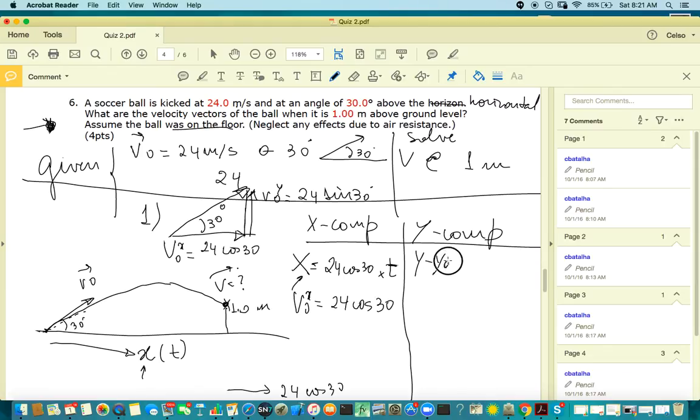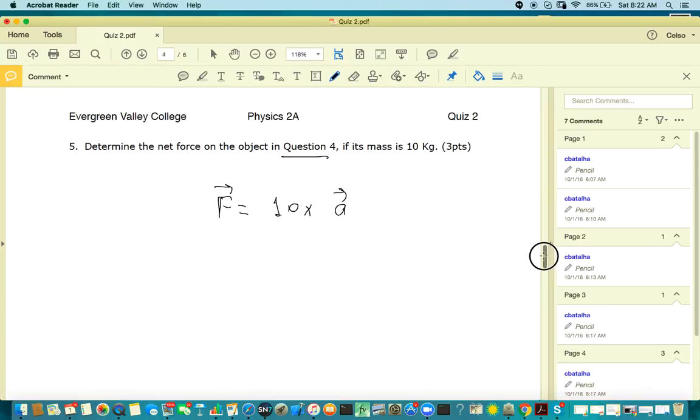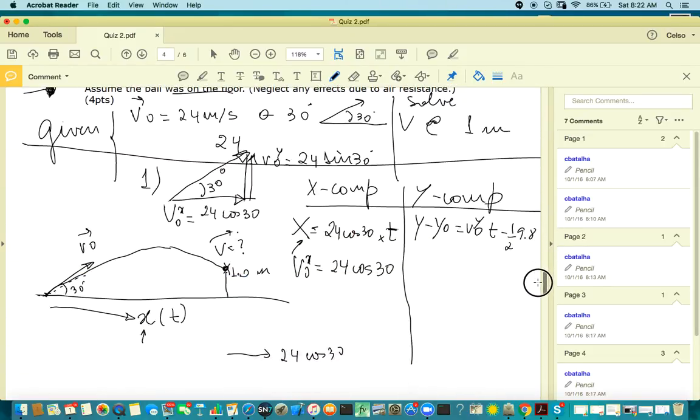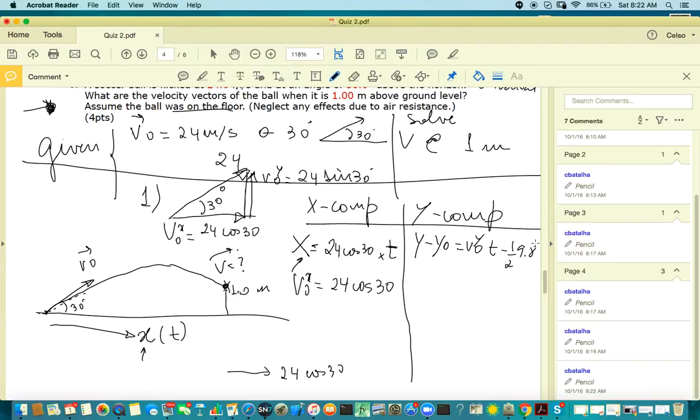The equation of displacement: y minus y naught equals v naught y times t minus half times 9.8 times t squared.